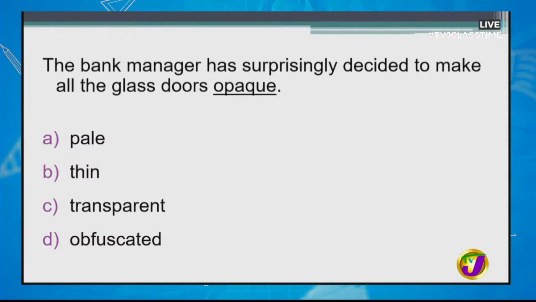So if they're not opaque, which means one thing, when it's opaque, can't see through it. So the opposite of something that is opaque naturally is something that is transparent. So opaque, you can't see through it. It's solid more or less. Whereas transparent, you can see through it.